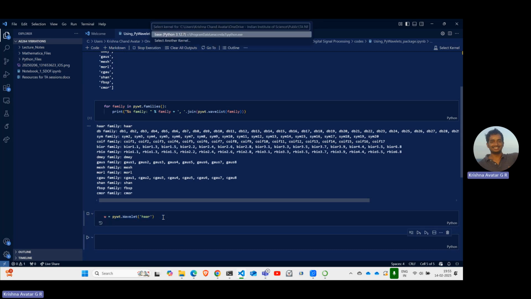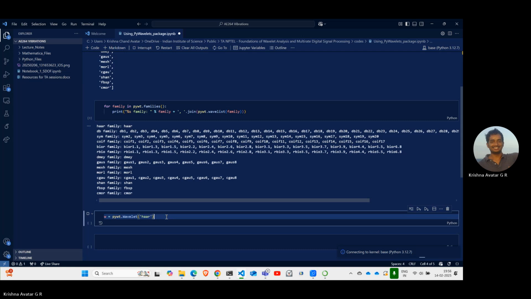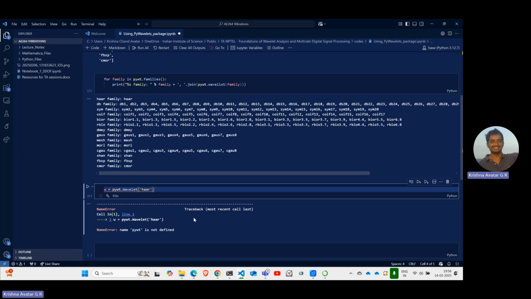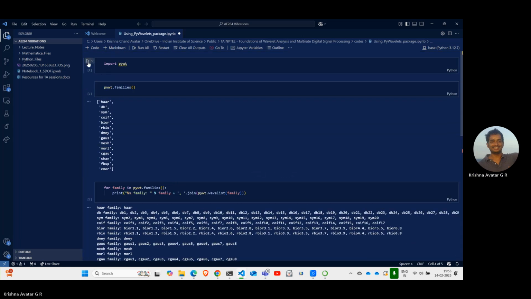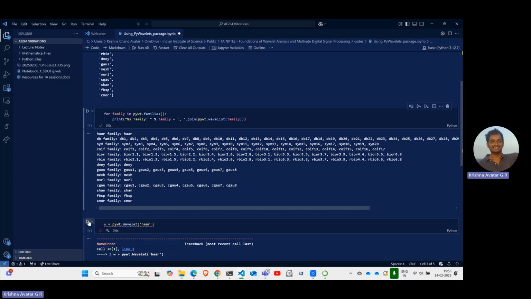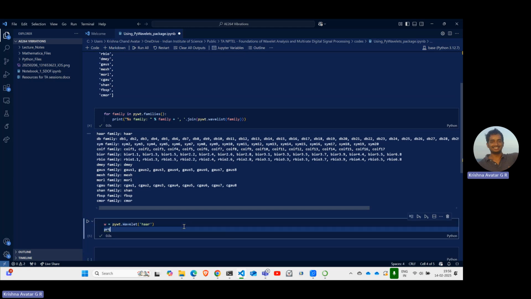Right, and let's print it out. Right, and then run it again. Yeah, Haar is there. Let's print the details.